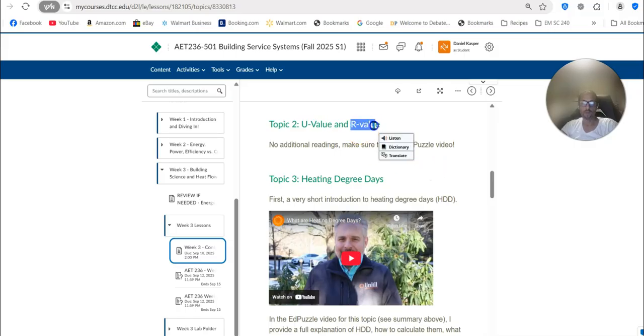So most people are familiar with R value, which is the thermal resistance. So it's basically a measure of the insulation level. That's how we're used to thinking of it. U value is not as intuitive because with R value, the bigger the R value, the better the insulation, or the higher the insulating value.